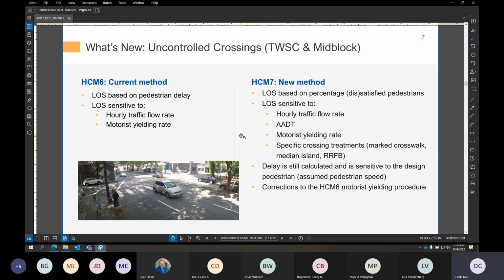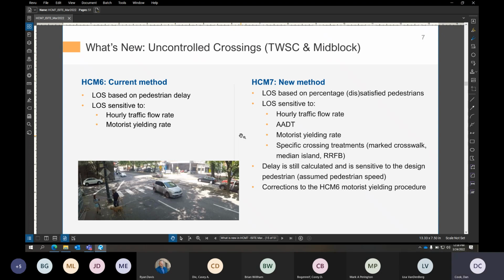This new method in the 7th edition is more of a quality of service, the vantage point from the pedestrian, the percentage of dissatisfied pedestrians. It's satisfied pedestrians, but mainly we're trying to get at the perception from the pedestrian using or crossing the roadway.